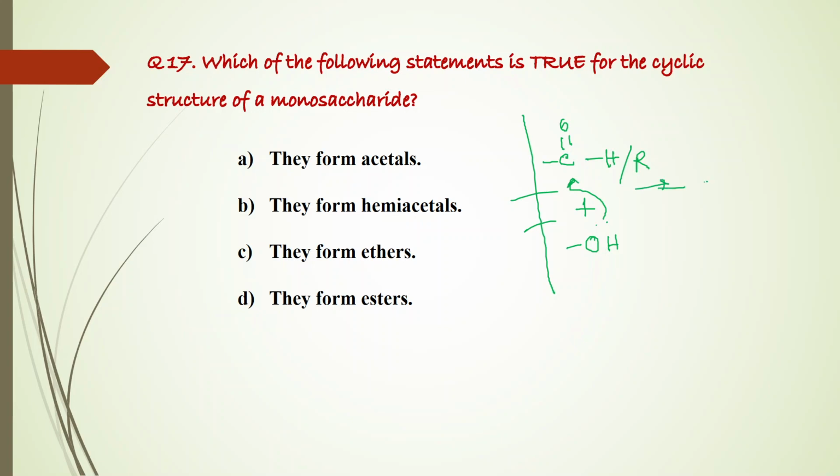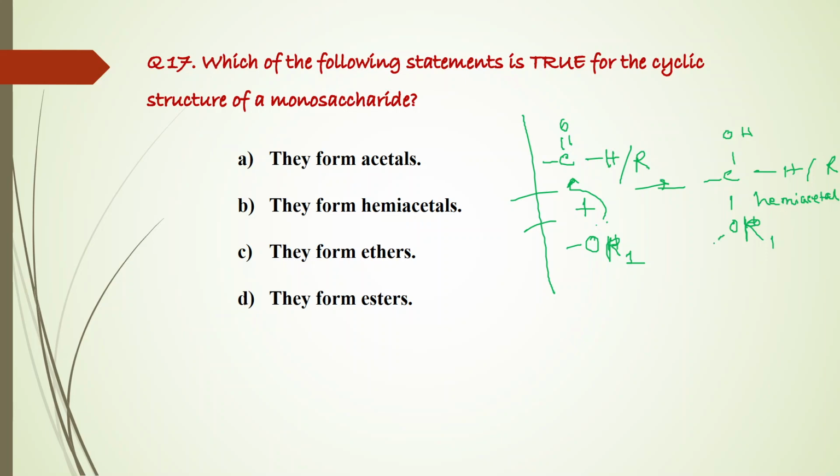After this first attack, if this is OR1, you will get OR1. This is a hemiacetal: only a single attack by an OH or an OR group results in hemiacetal formation.